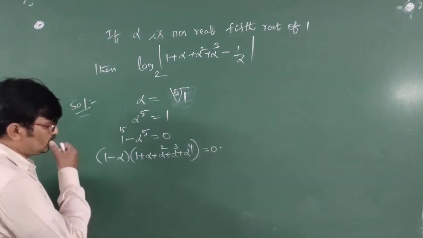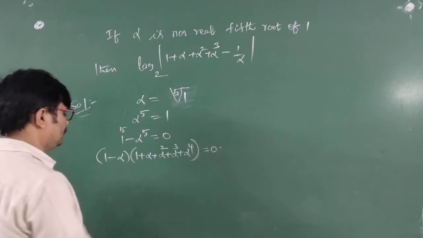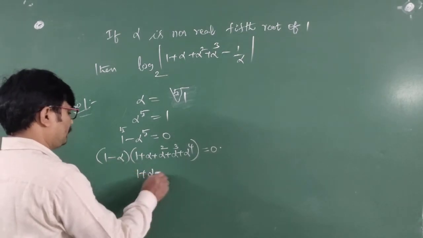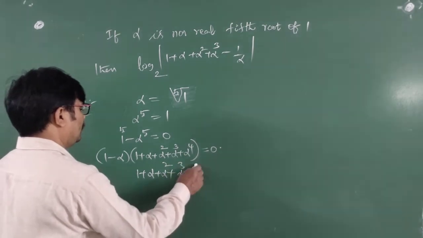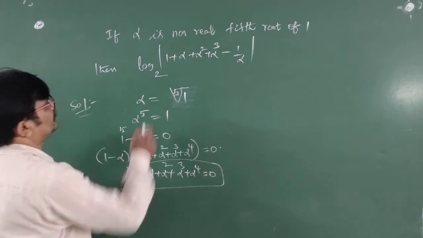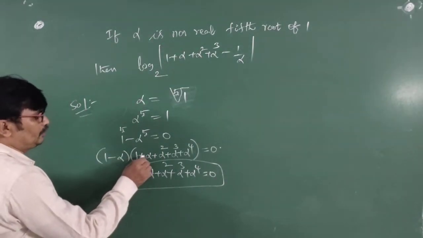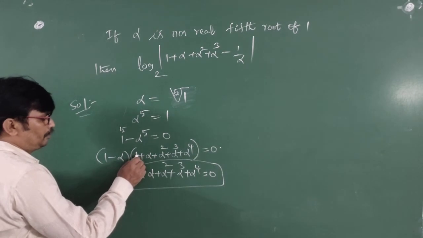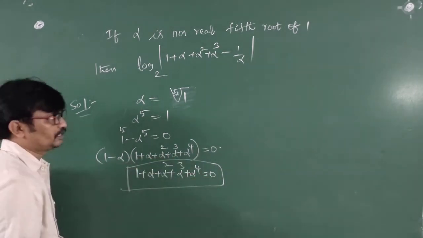So students, what we observed here: alpha equal to 1, and after that 1 plus alpha plus alpha square plus alpha cube plus alpha power 4. One condition is given that alpha is the non-real root. That means undoubtedly 1 plus alpha plus alpha square plus alpha cube plus alpha power 4 is 0.